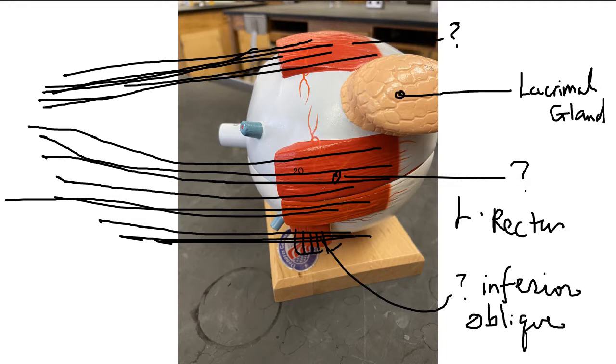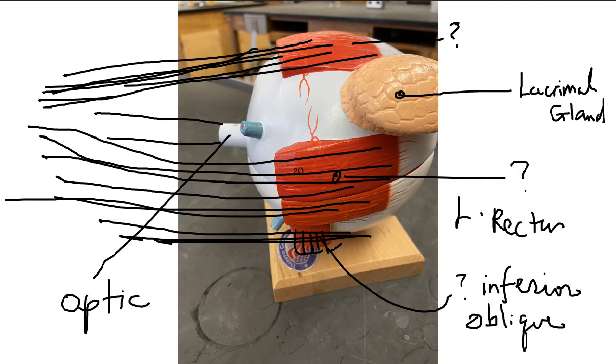Okay, good. Now, in the back of the eye, you see the little thing sticking out. That is the optic nerve. Remember, the optic nerve is the second cranial nerve.